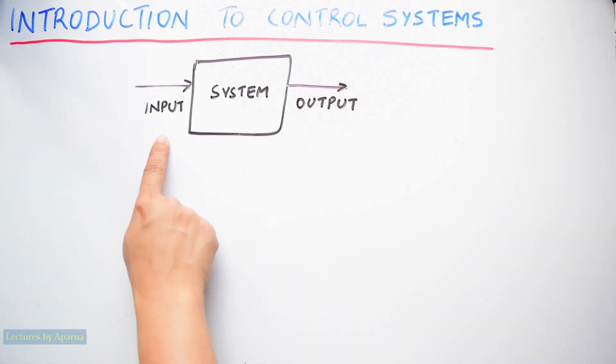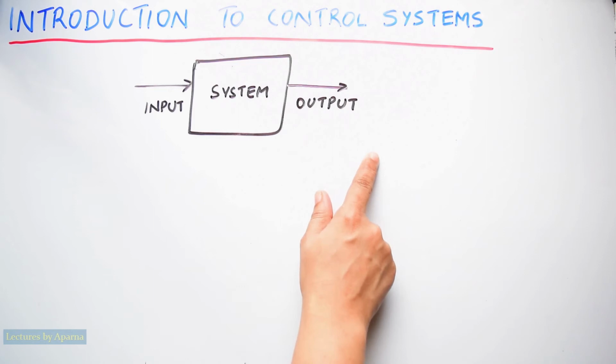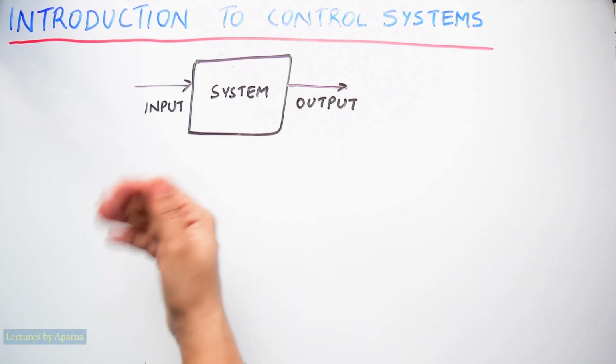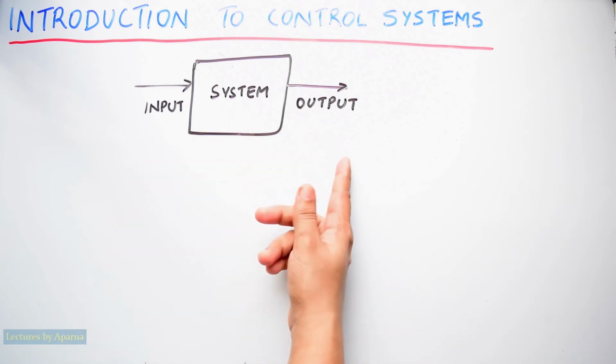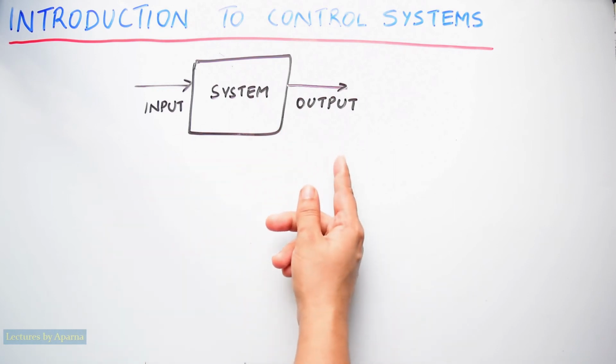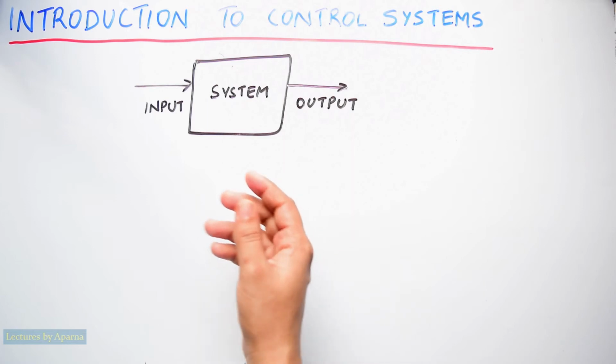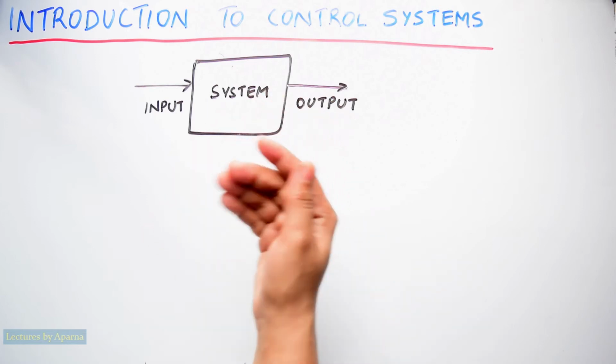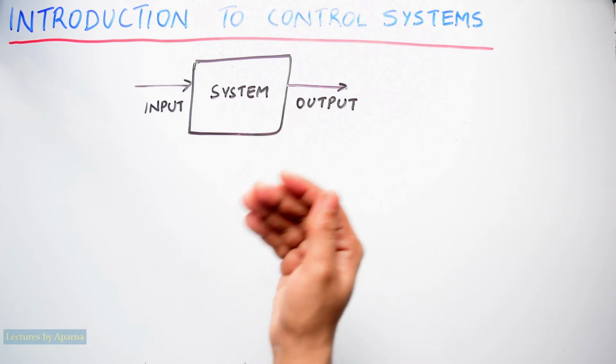There will be an input and an output to it. The input quantity is called command signal or excitation. The output quantity is called the response of the system. Now when we consider control system, the aim of this system is to control specific parameters like pressure, temperature, etc.